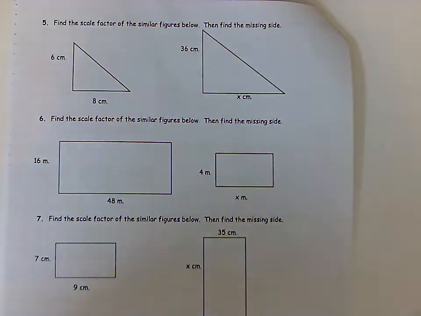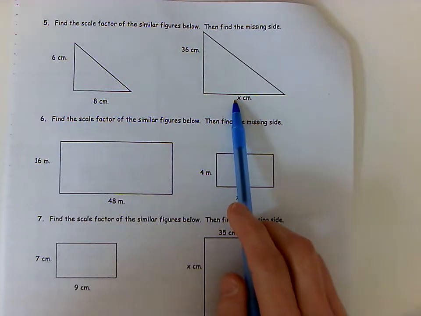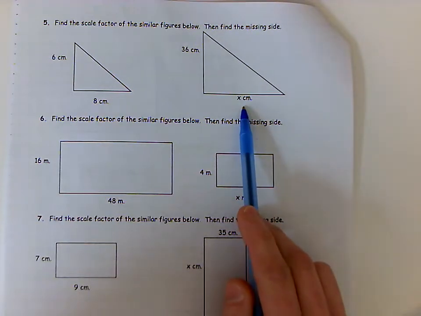So you're going to notice you have a small triangle there that has sides of 6 and 8 centimeters. And then you have a larger triangle over here that has a side labeled 36 centimeters, and then you're missing a side. It says X centimeters.